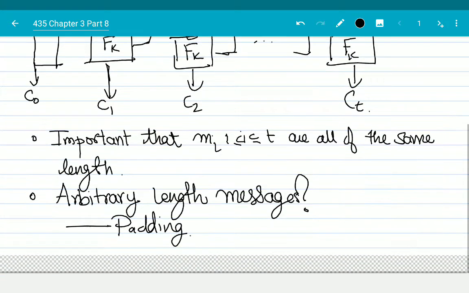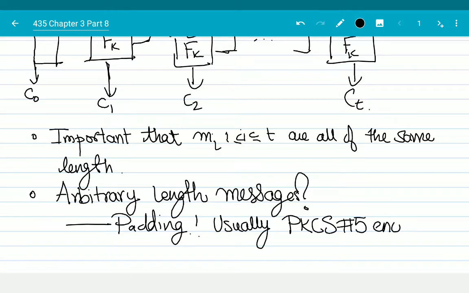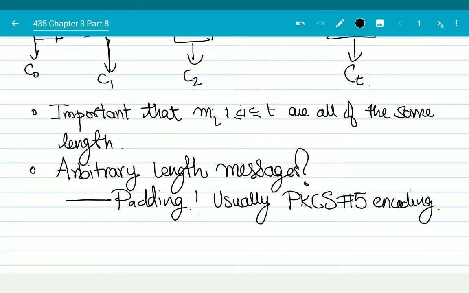The standard protocol is called PKCS5 encoding. I say usually, but this is a common one, and we will be looking at an example of this.